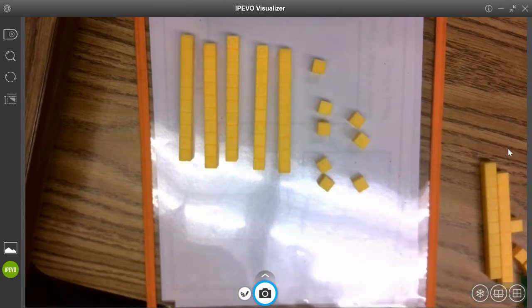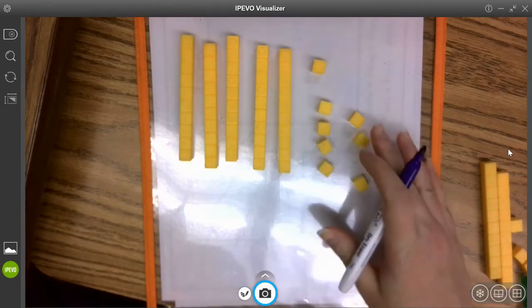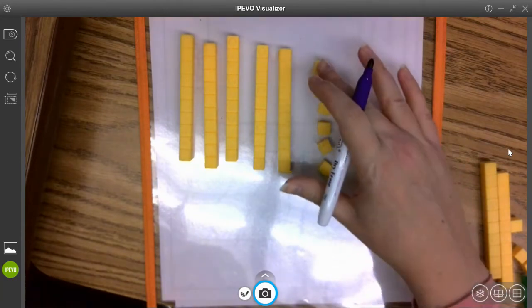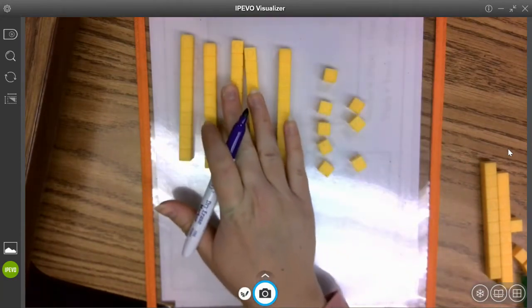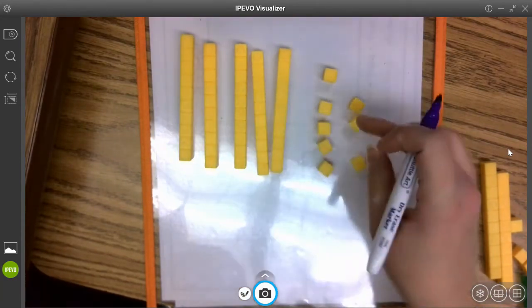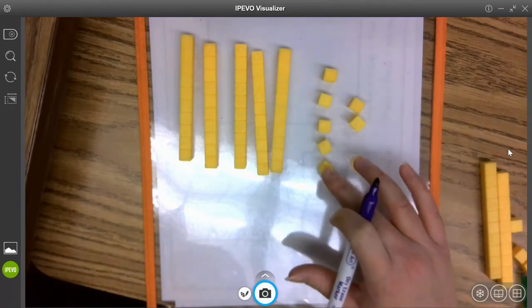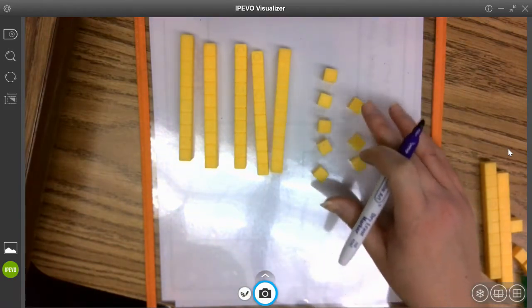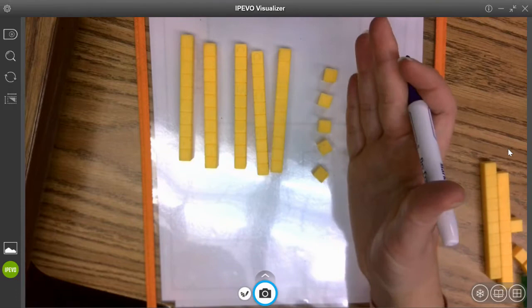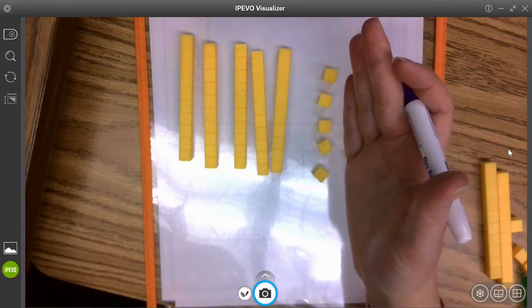Okay, look, think, speak. 58. Okay. When I am showing ones, I try to show them in groups of 5. The way our minds work, it's pretty easy for our mind to spot a group of 5.